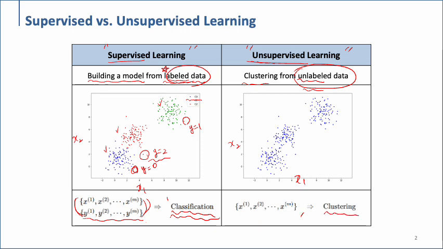You just find some clusters, which is a kind of grouping, dividing the data into groups. Here the algorithm is called clustering. That's the key difference between supervised and unsupervised learning, and especially between classification and clustering.